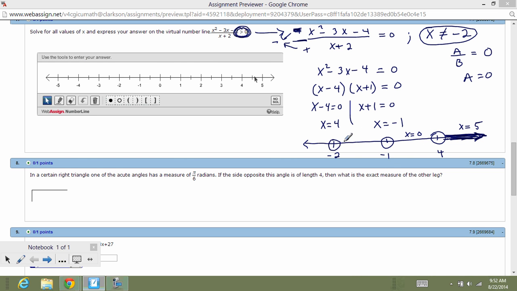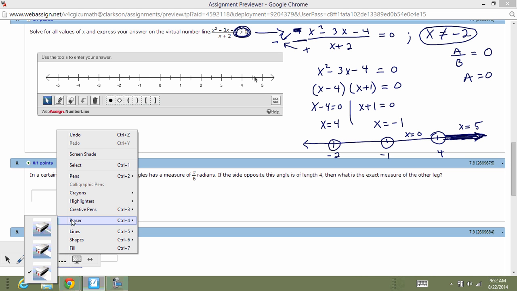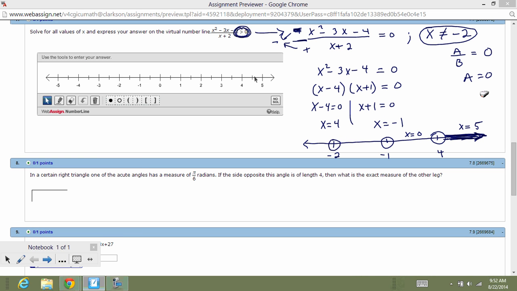Now, as we show this next interval, I'm going to clean things up just a little bit, get rid of some of this stuff over here and try to make this very clear. I'm going to use x equals -1.5. Now, again, we're going to look at this ratio, and the question we're asking is, is it greater than 0?